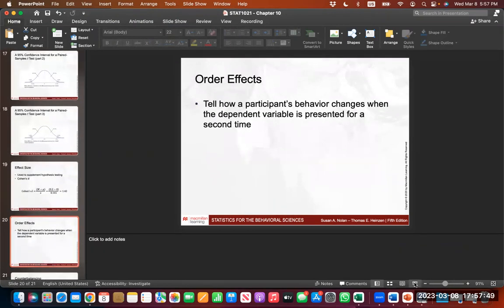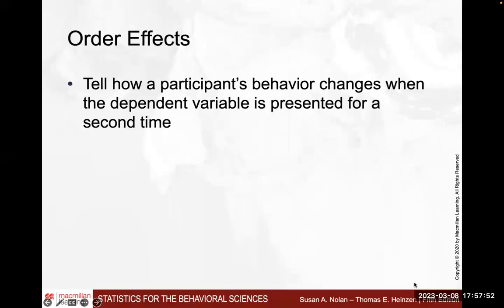And then there's something else that needs to be considered. We talked before about between groups design and within groups design. If you have two groups, you're studying two independent groups of people, and in a within groups design you have a before and after condition.